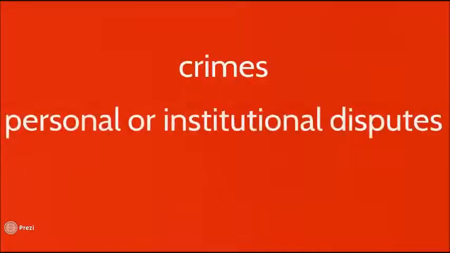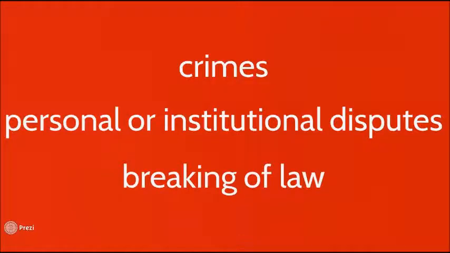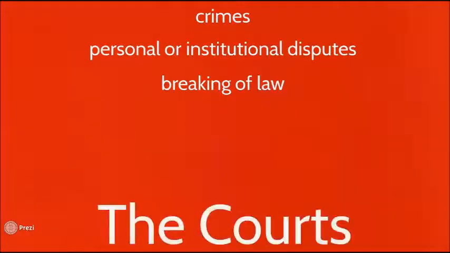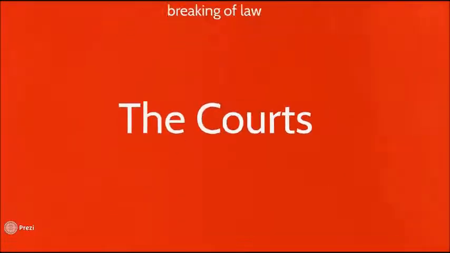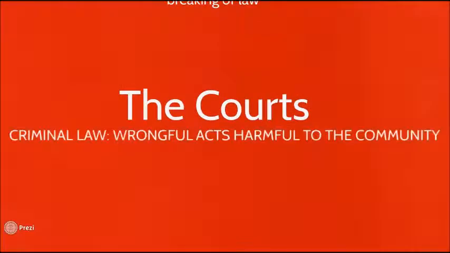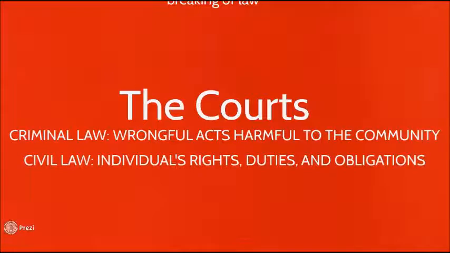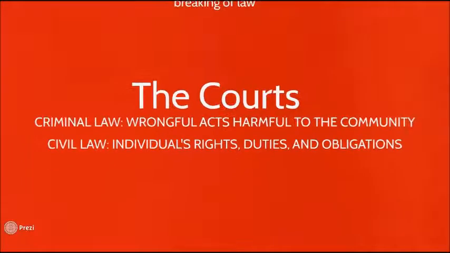The legal cases, such as crimes, personal or institutional disputes, breaking of laws and other law cases, are dealt with in the courts. There are 2 kinds of laws: criminal law, which is concerned with wrongful acts harmful to the community, and civil law, which is concerned with individuals' rights, duties and obligations towards one another.